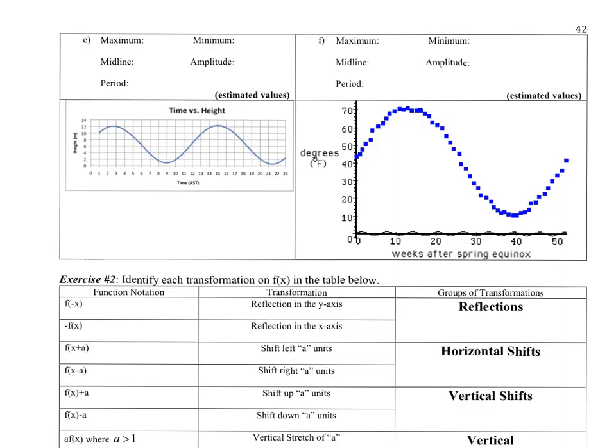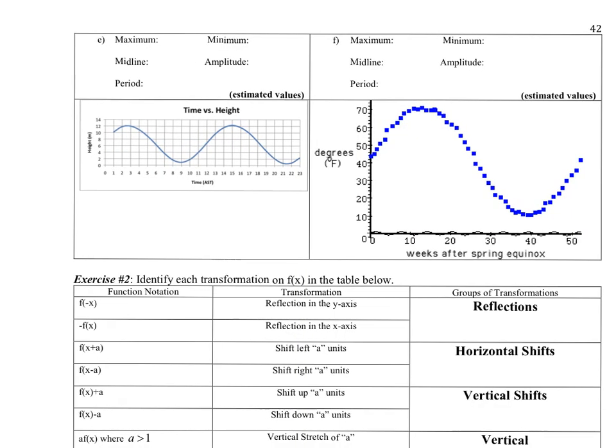On this one, it looks like the maximum is about 12. My minimum, I don't know, looks like it's about 1. If I go down here, it doesn't quite get down to 0. So the midline, this one might be a little tricky, so I'm going to use an average, is about 6.5 if I go right between that 12 and 1.